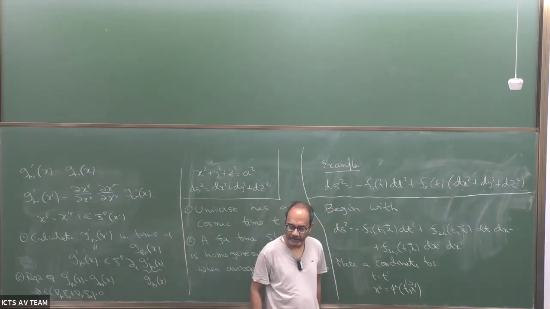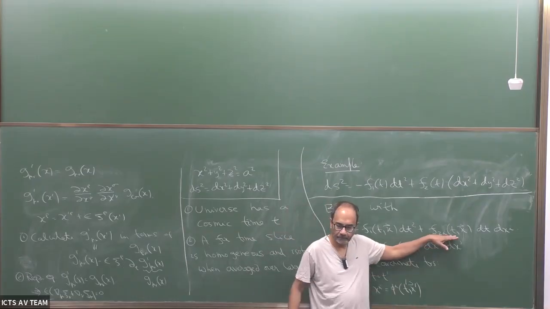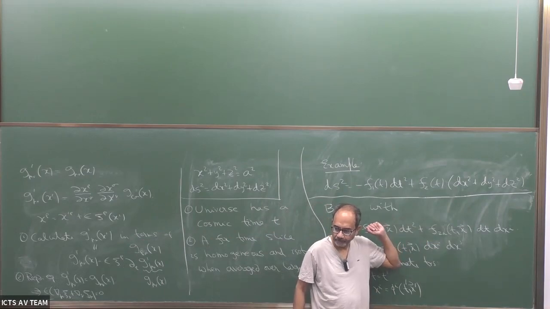I can make any coordinate transformation that I like. We are going to try to adjust this phi^i to get rid of the cross term.